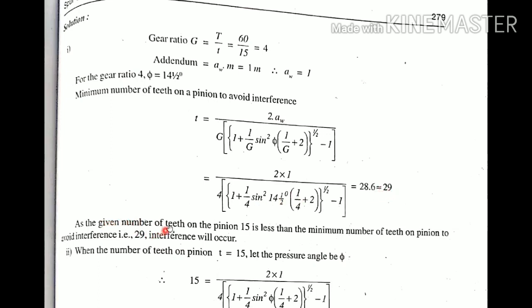The number of teeth on the pinion they have given is 15, but to avoid interference the minimum should be 29. That means the given value is less than the minimum. Therefore definitely there will be interference. If you make 29 teeth on the pinion, then there is no interference. That is the meaning of that.